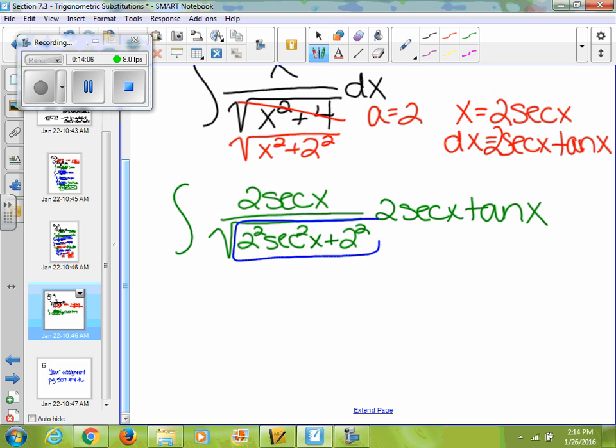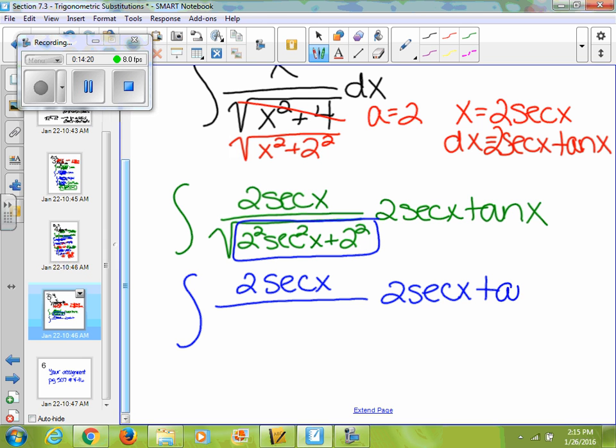What can I replace what's inside my square root with? Well, that's like a squared secant squared of x plus a squared. What did we say that we can replace that with?